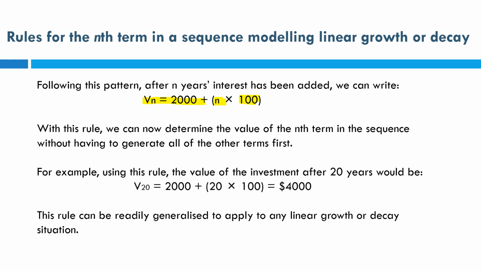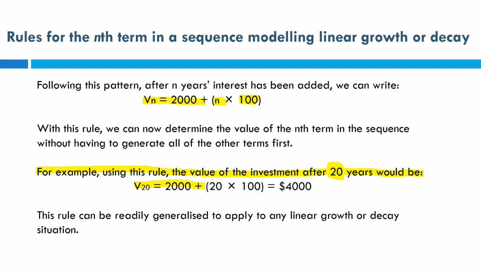And then we can add that to our initial investment of $2,000. So that's where n comes into it. For example, if we want to find out what our investment is worth after 20 years, we would use the rule V20 because we want position 20. We started with 2,000.